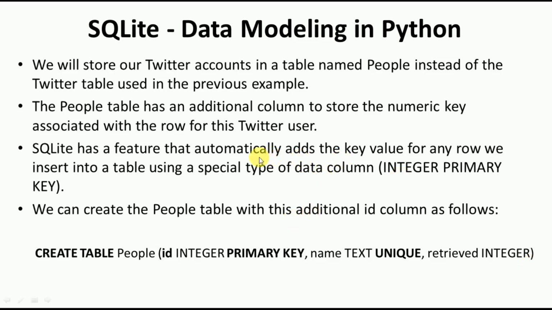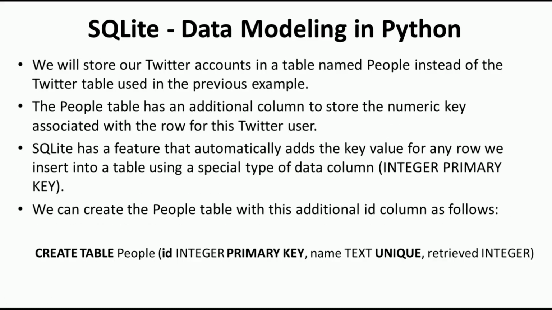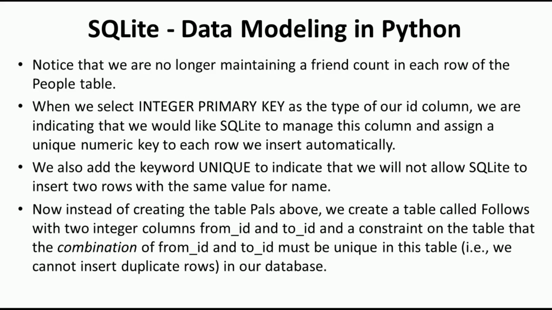Now, what is the other table we create? Rather than creating follows, we create something else. Before that, what is the advantage of using this primary key as integer? That is what we try to understand.